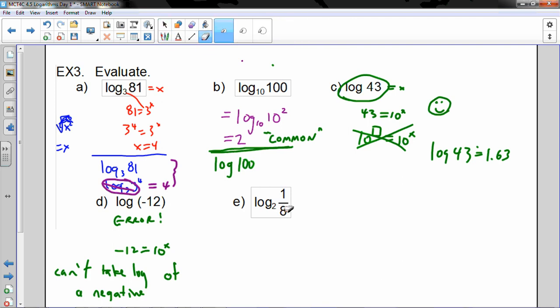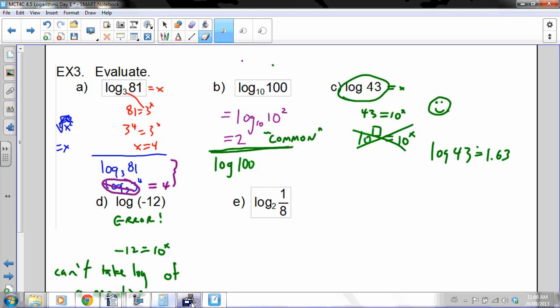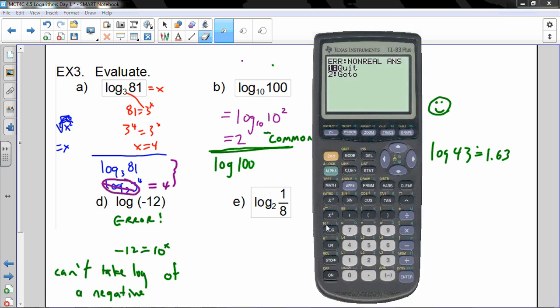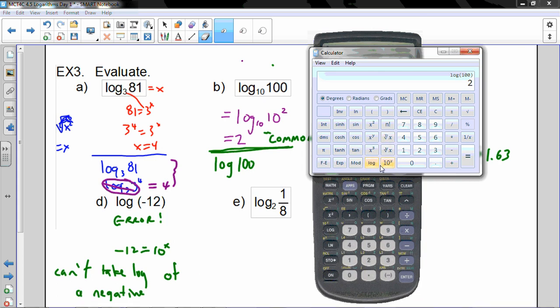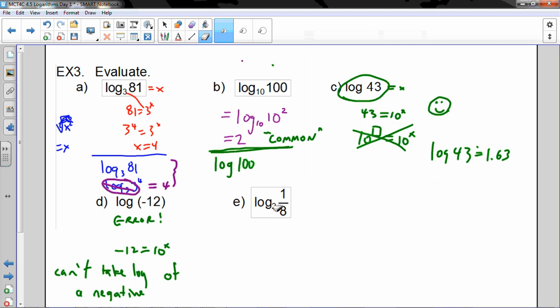Back to normal log questions here. Notice I can't do this on my calculator yet. This button on my calculator was base 10. And on almost all of the calculators, it's base 10, right? And so how do I do base 2? Well, luckily, I can actually figure this one out, because remember, the whole idea was to find log base 2. If I could find 2 to the exponent something that gives me 1/8, then I've got it.